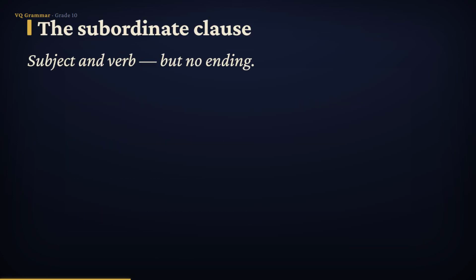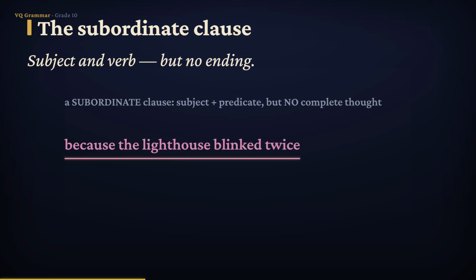Now the second family, and this is the one to slow down for. A subordinate clause also has a subject and a predicate, so it really is a clause, no question. But it does not express a complete thought, and it cannot stand alone. Watch what one little word does to our lighthouse. Because the lighthouse blinked twice.